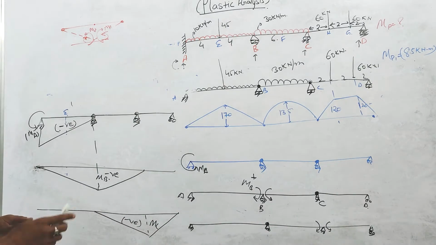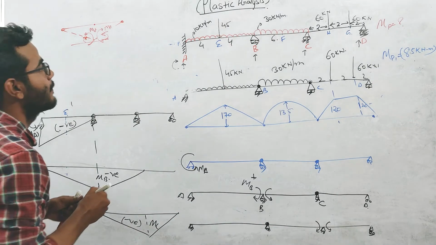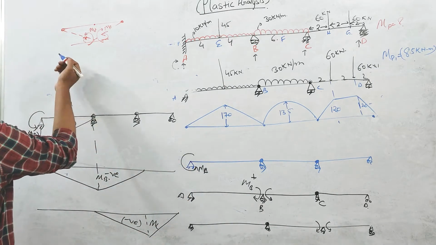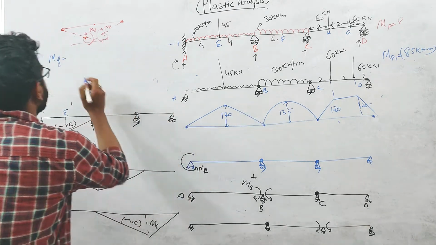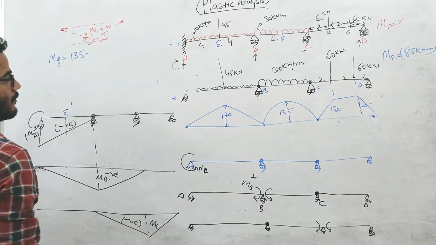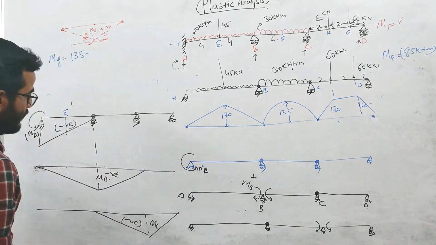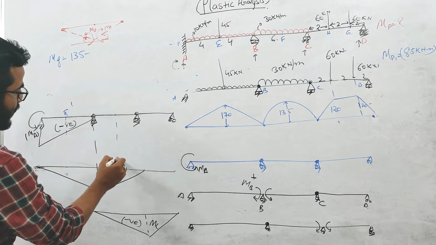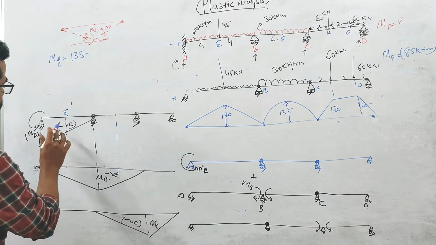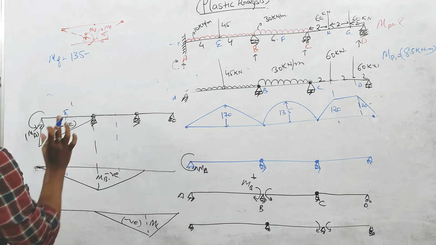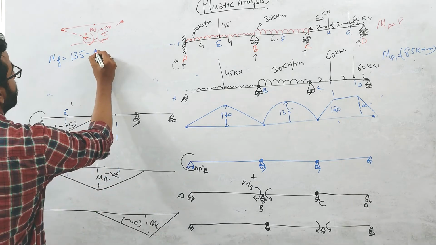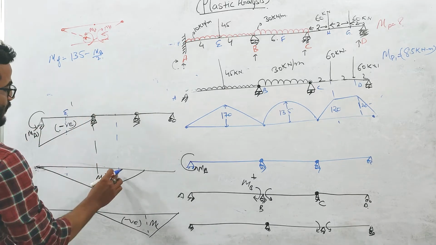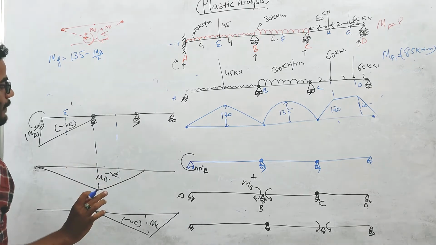So if you write the equilibrium equation at point F, MF equals 135 minus... Again, the effect of MA will not be there in this BC portion. Due to MB, the moment at F will be minus MB by 2.